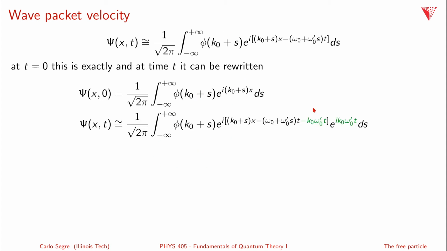I've taken this term here, I put it down here. And then I've multiplied by two terms, e to the minus i k0 omega prime sub 0 t, and e to the plus i k0 omega prime 0 t, and integrated by ds.